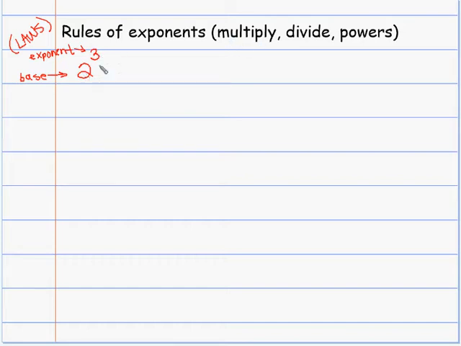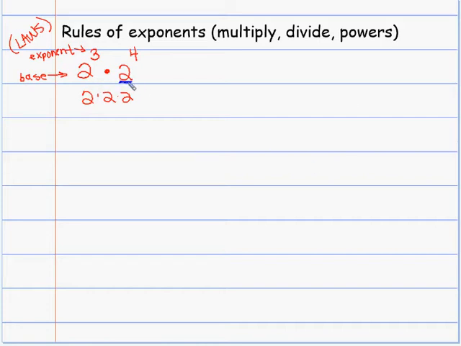Okay, so if we multiply like bases, so I need another 2 here, and I have another power. What this is saying is 2 times 2 times 2, that's here. Let's see, I'll switch colors for you.